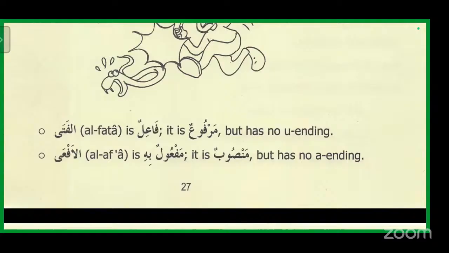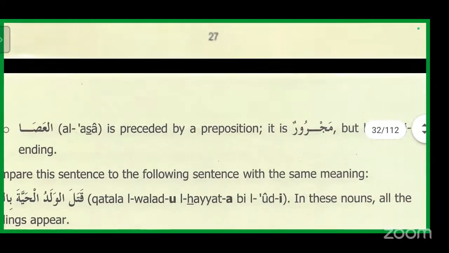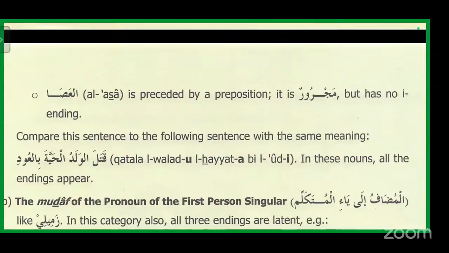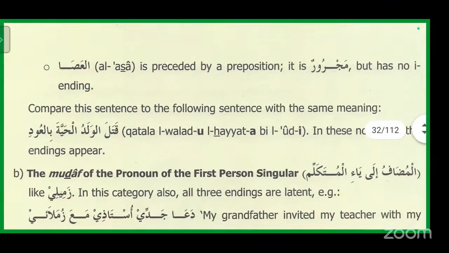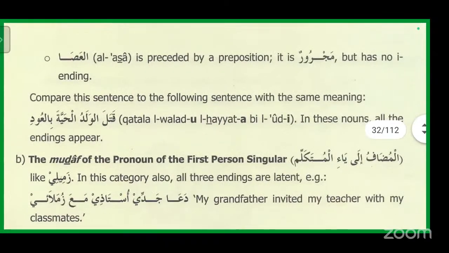It is mansubun but has no a ending. Al-asa is preceded by a preposition. It is majrur but has no i ending. Compare the sentence to the following sentence with the same meaning: قتل الولد الحية بالعود. In these nouns, all the endings appear.